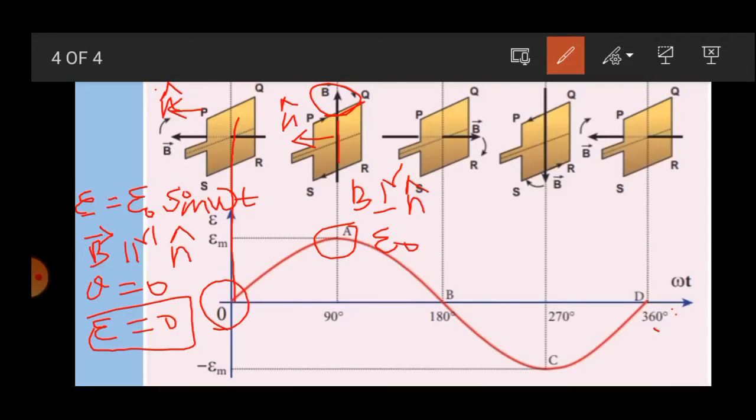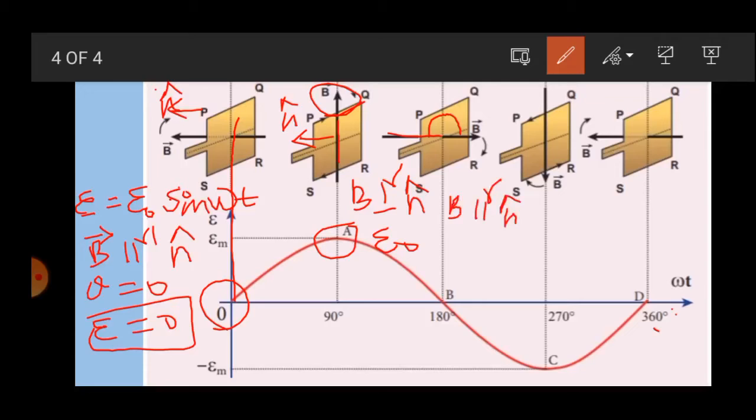Okay, now for the rotation of 180 degrees from the initial position. So now the magnetic field is parallel to the normal unit vector, but opposite in direction.